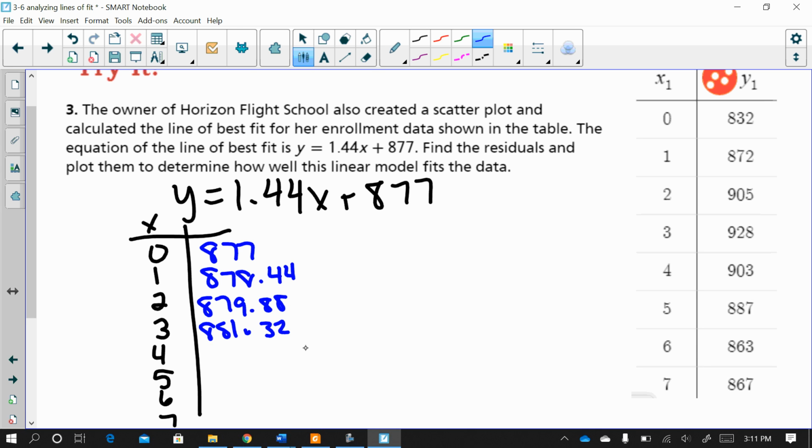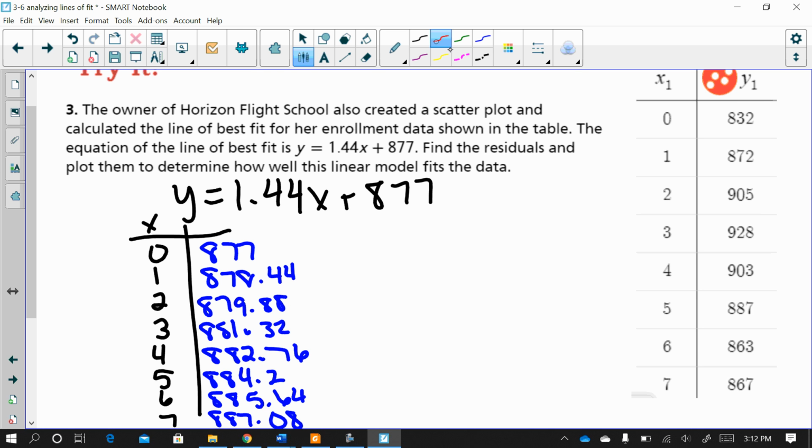If I plug in 4, I get 882.76. If I plug in 5, I get 884.2. Almost done. Plug in 6, I get 885.64. If I plug in 7, I get 887.08.